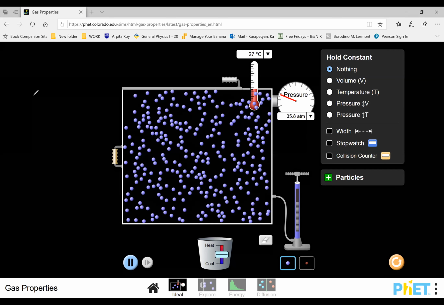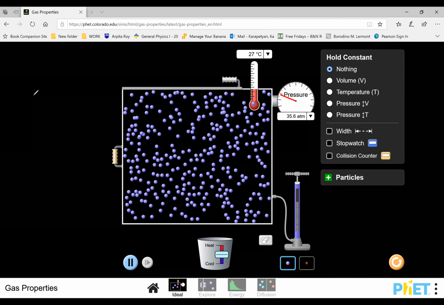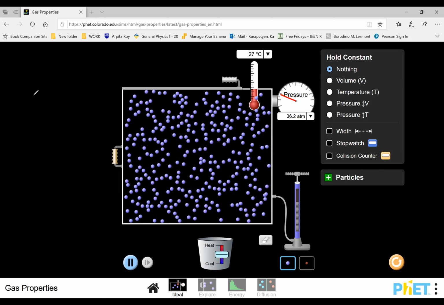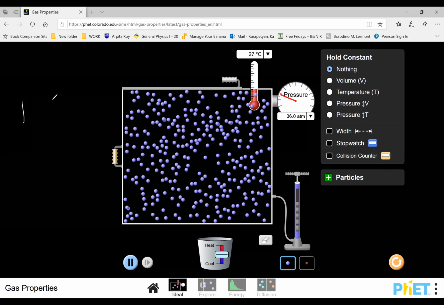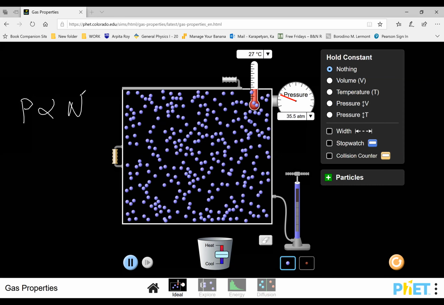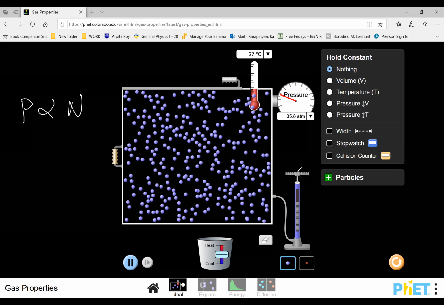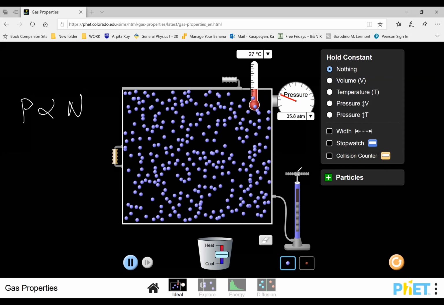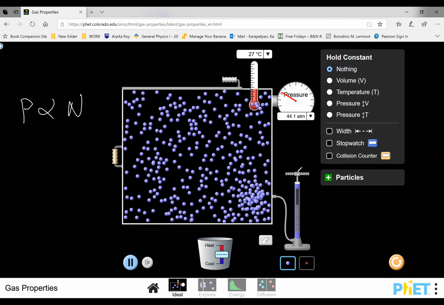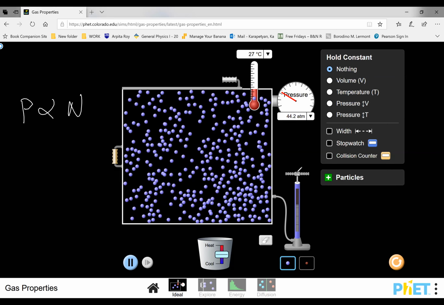So pressure is proportional to the number of molecules, because if I pump more, the pressure increases. That means more molecules, more pressure.